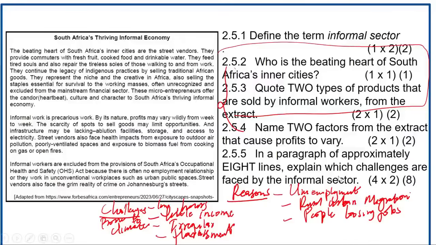Now, for your informal sector, you must be able to also state what are the sustainable strategies. How can we help the people that are working in this sector? How can we make their lives better? Number one, what can we do to help them? We can regulate.